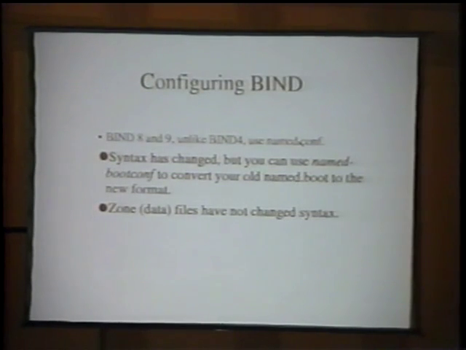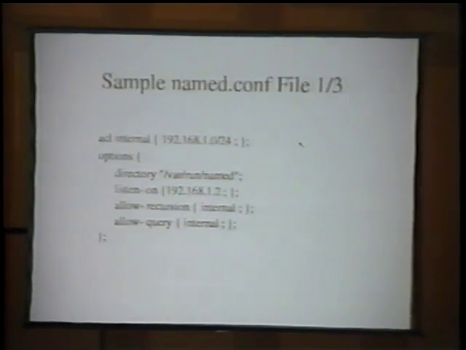Now, to configure BIND, there are some people in the room who are still using BIND 4. We've basically written this towards BIND 8, but the techniques here carry over to BIND 4. They also carry over transparently to BIND 9. But if you're still using BIND 4, we've got this named.conf file we're using now, and I've included a sample.